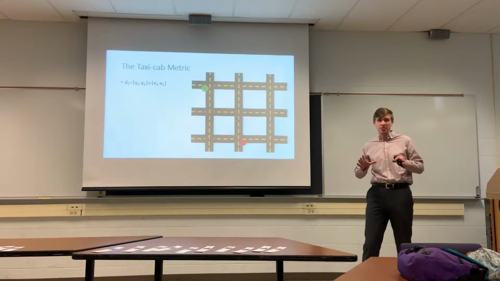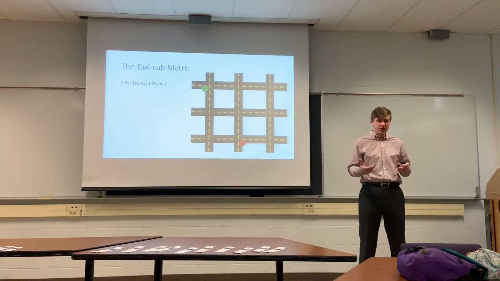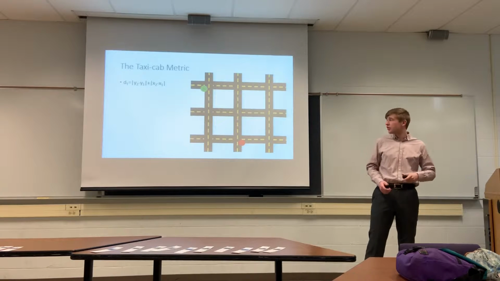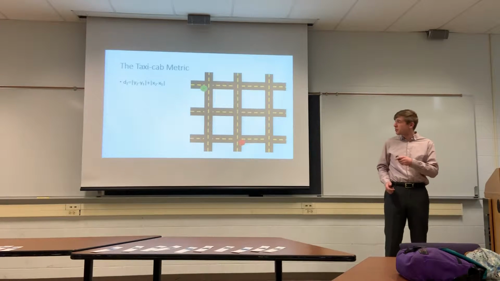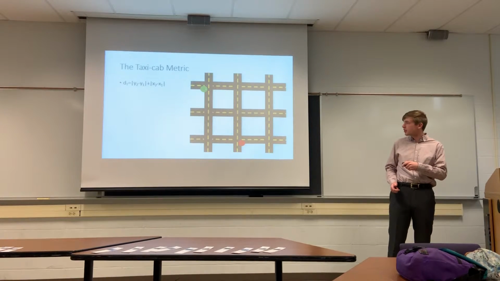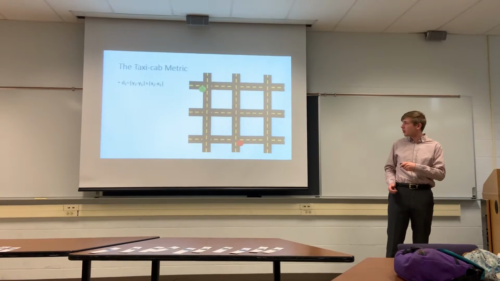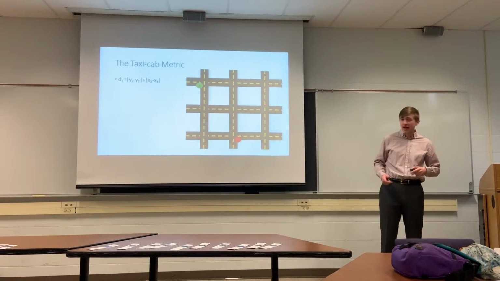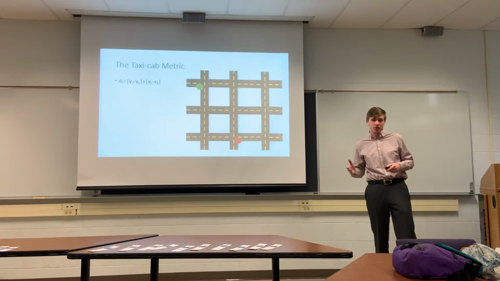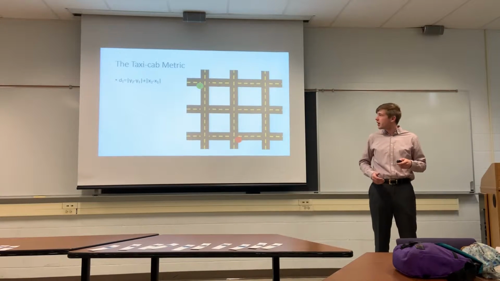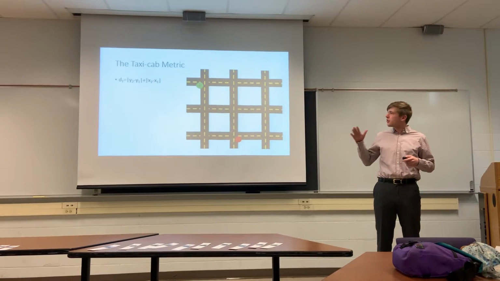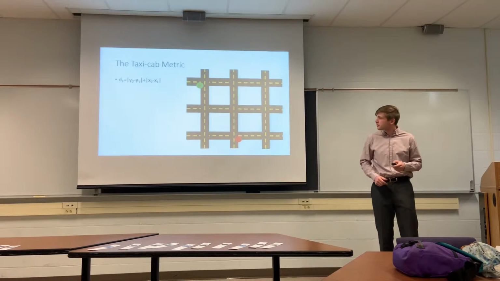An example that people are often given as an idea of a metric is the taxicab metric. If you look here, the distance between A and B is not the same as going straight from A to B, but rather you have to go over and down because taxi cabs have to follow the roads. And so this is going to be similar to my metric.